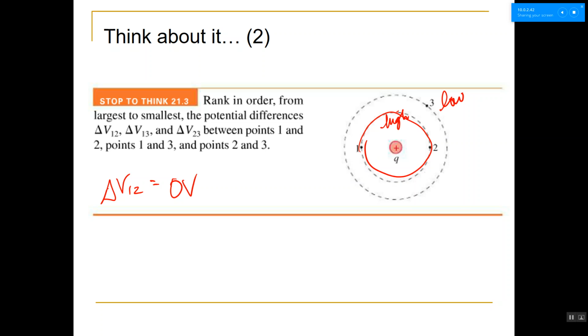And if it's going from, because the delta says 1, 3, so we're talking about delta V1,3. If it's going from 1 to 3, is it decreasing or is it increasing its potential? If it's going from 1 to 3, is the potential increasing or decreasing? It's decreasing, so the delta is going to be negative, right?